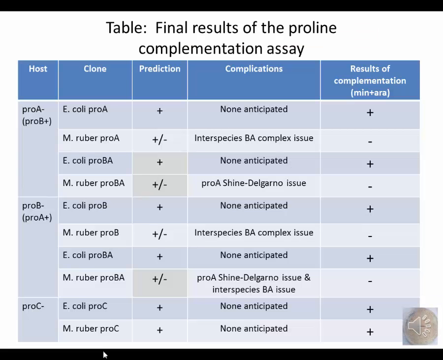So table 4 shows the predicted and actual results of our complementation assay. Column 1 represents the null strain, the genetic background of the host E. coli host. Column 2 identifies the region that we cloned into the pKT1. So in some cases it was the E. coli gene as a positive control, and in other cases it was some combination of M-Ruber genes.